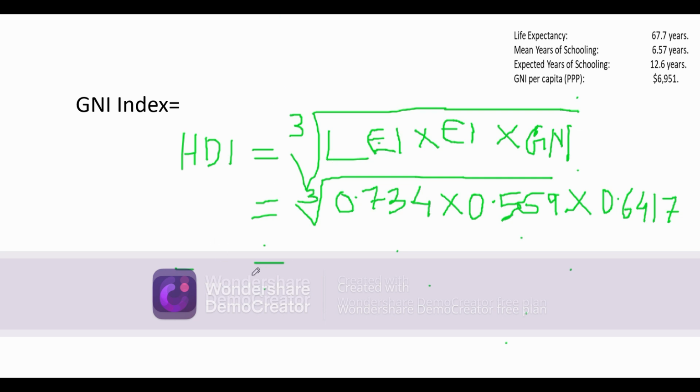Okay, now we have to simplify this. Now we have to multiply all these numbers. So once we multiply, we'll get 0.2680.